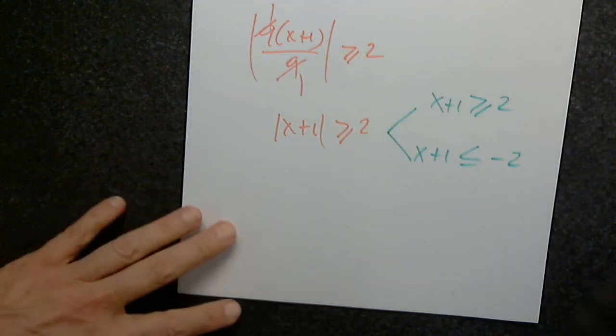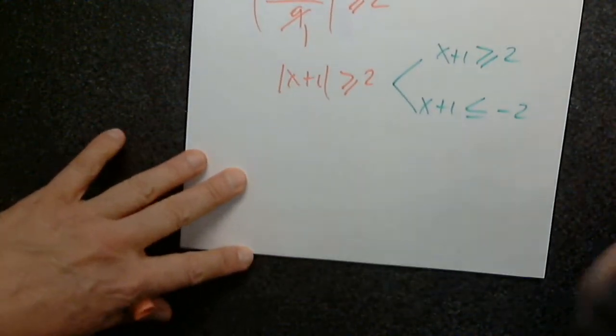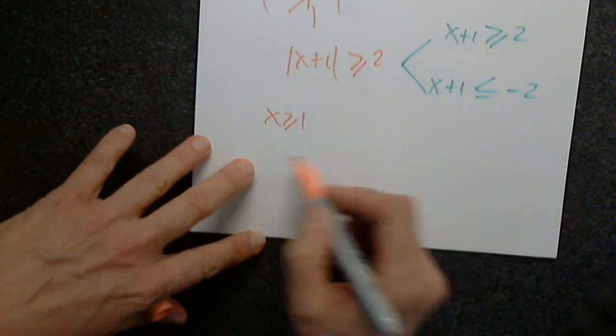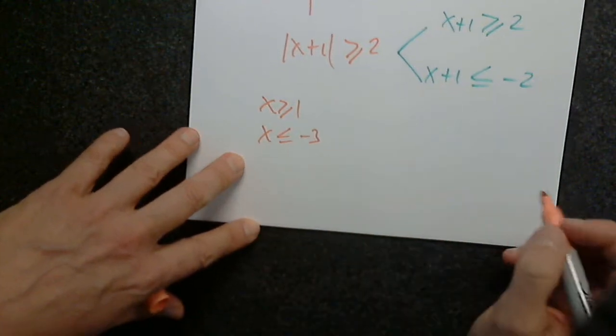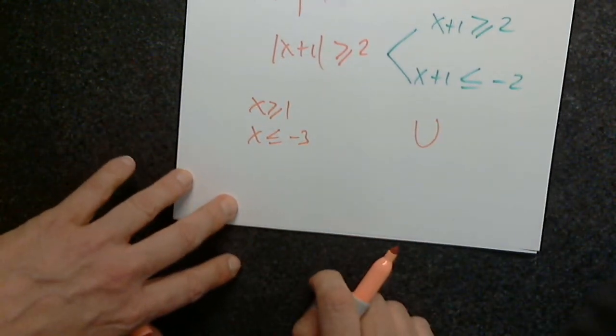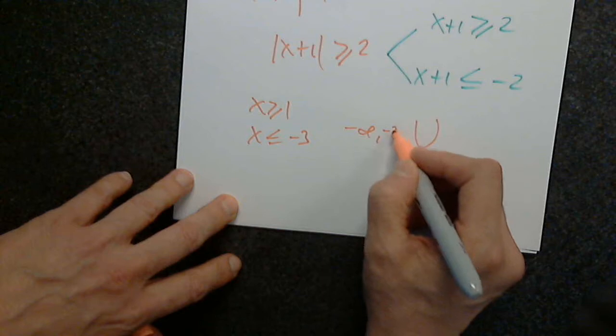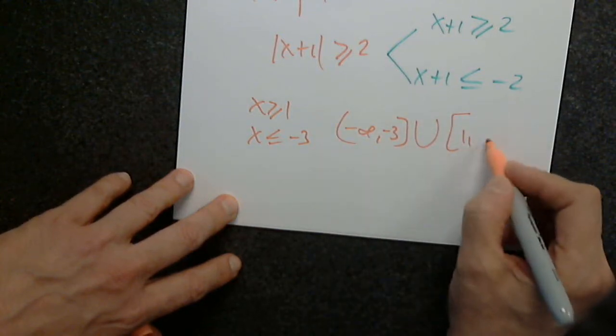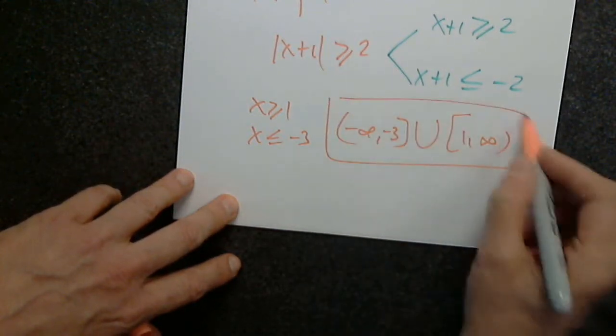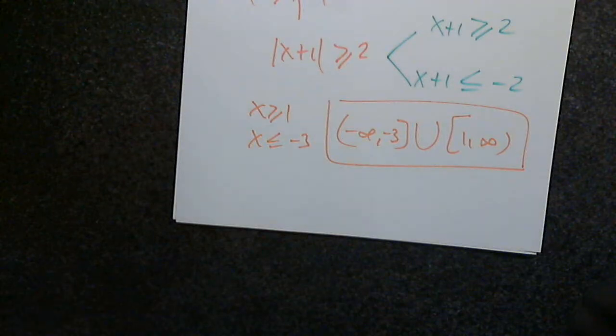For the first one, x is greater than or equal to 1. And for the second one, x is less than or equal to negative 3. The solution has to have the union in between: negative infinity to negative 3, union 1 to infinity. This is always the case. When I have the absolute value greater than or equal to a number, I always have to have the union symbol in the solution.